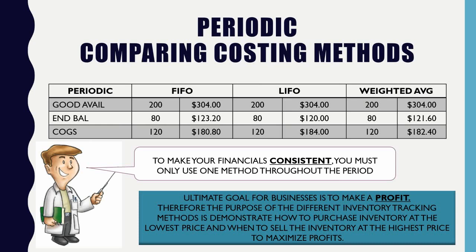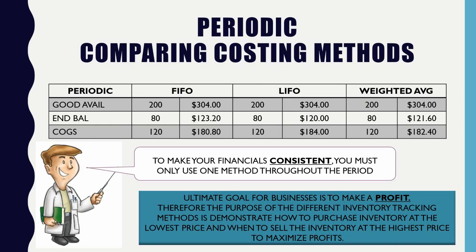That was the scenario from all three, from the PowerPoint. Now let's compare. We all started at $304 as our goods available. However, when we calculated the cost of goods sold and our ending balance, this is the difference between all of them.